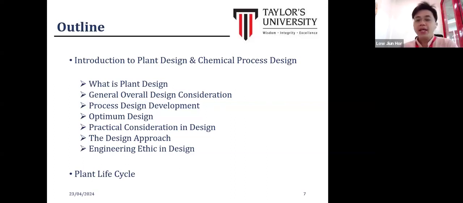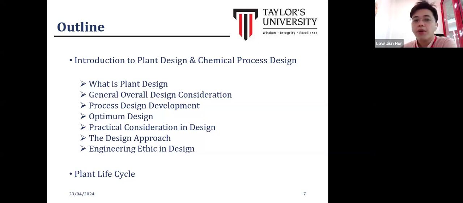Basically, in our lecture 1, the theory that we are going to cover is, I will try to explain what plant design is, and also the considerations and factors that we need to consider when we design a chemical plant. This is not that simple, very complicated. It can be very complex.